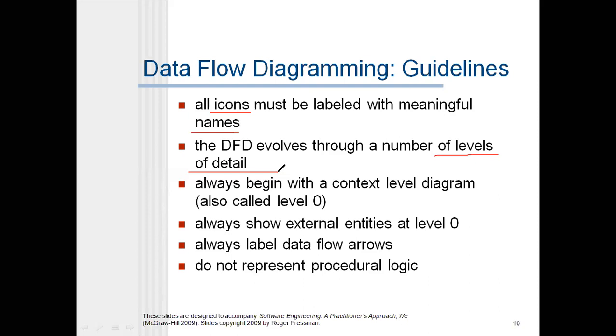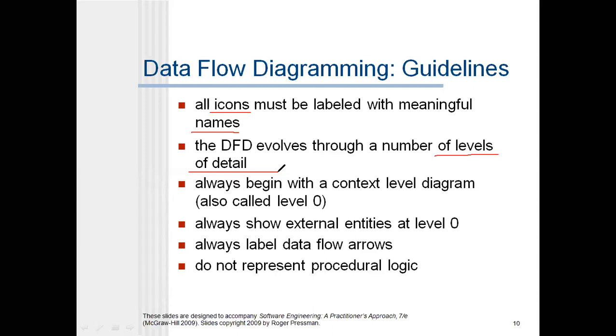Level zero is the top level. Level one is a little bit more detailed. Level two is more detailed than level one. Like that, level three, four, five, six, you may represent your project.